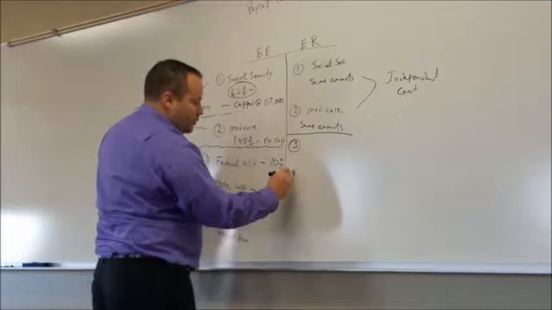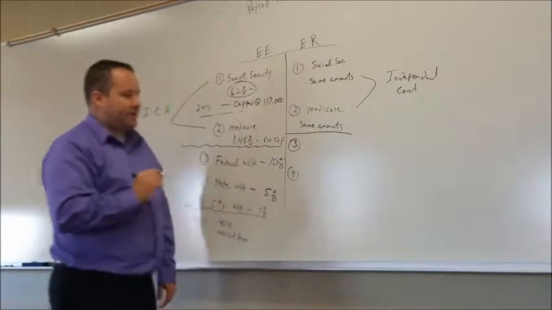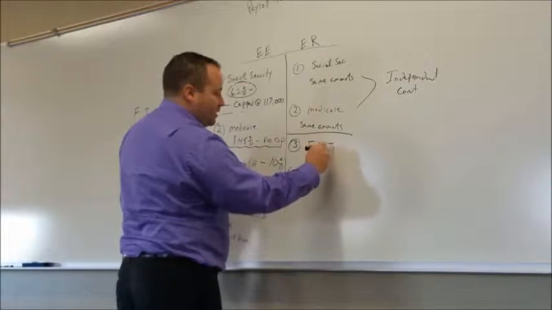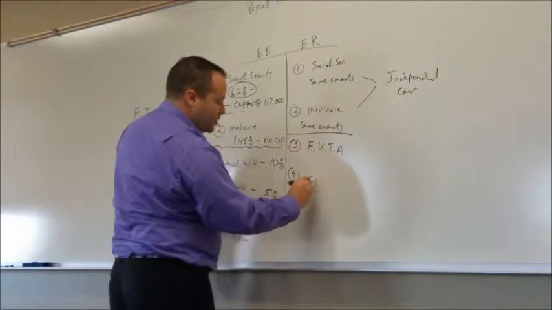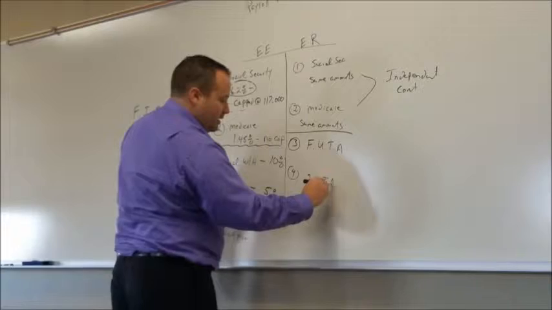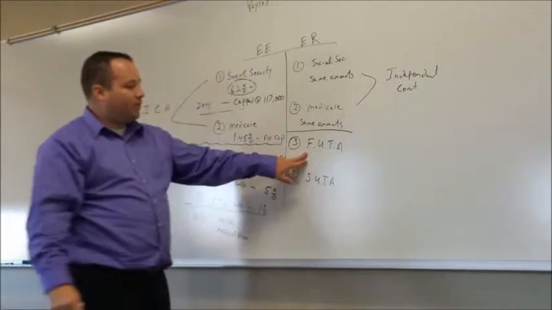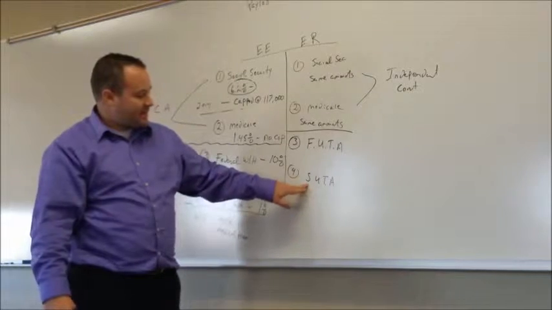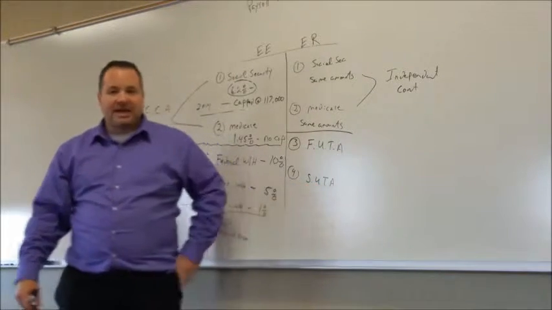The other two taxes that the employer has to pay, one is called the FUTA, and these are very similar, and the SUTA. These stand for Federal Unemployment Tax Act and State Unemployment Tax Act.